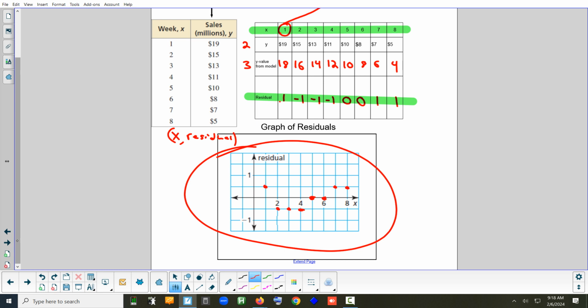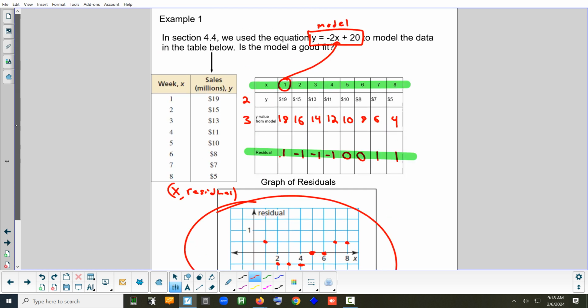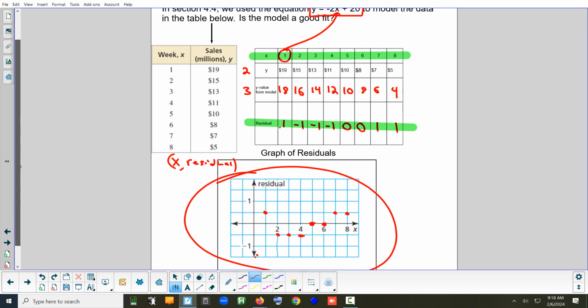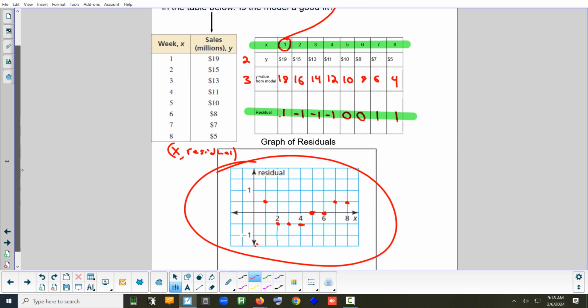How many below? 3. And you have 2 right on it. You're not going to get much better than that. That's a very even split between points above and points below. So that's what this graph shows you, how good your line is. And that's it. That's how you make a graph of residuals.